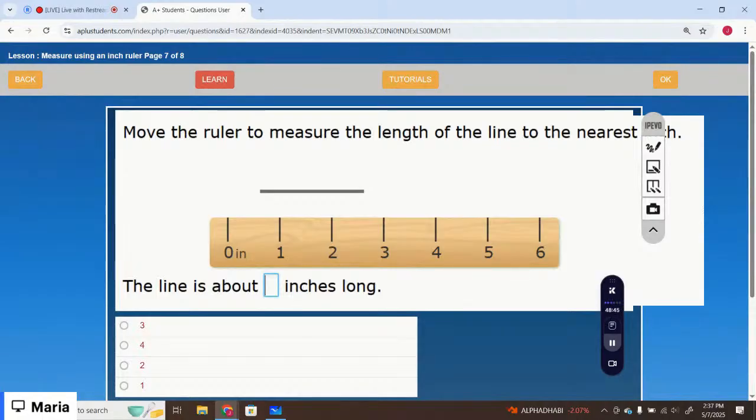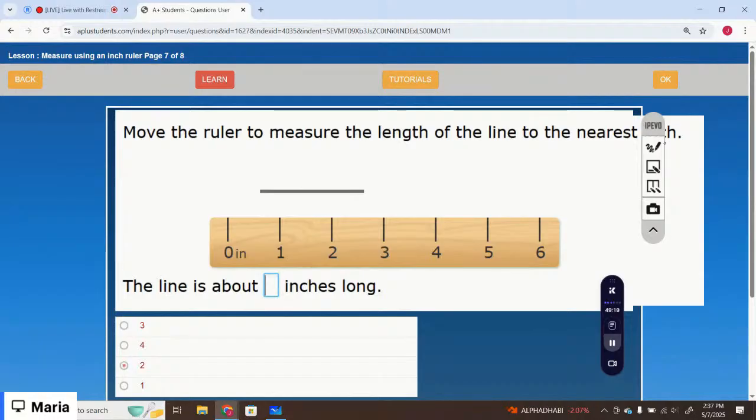Move the ruler to measure the length of the line to the nearest inch, so which is the correct option? That is 2 inches long.